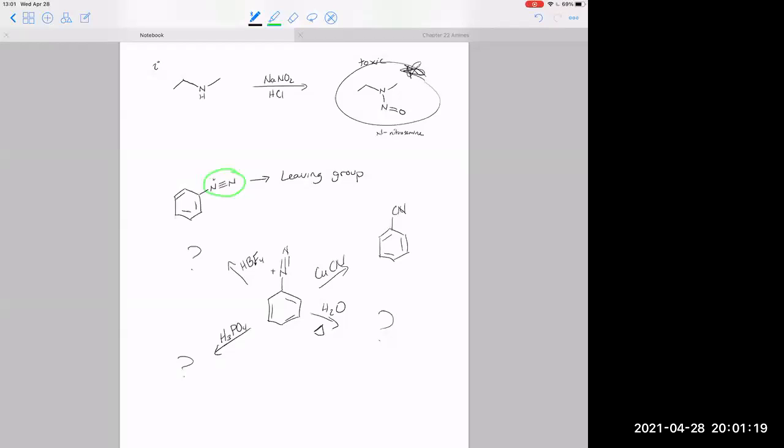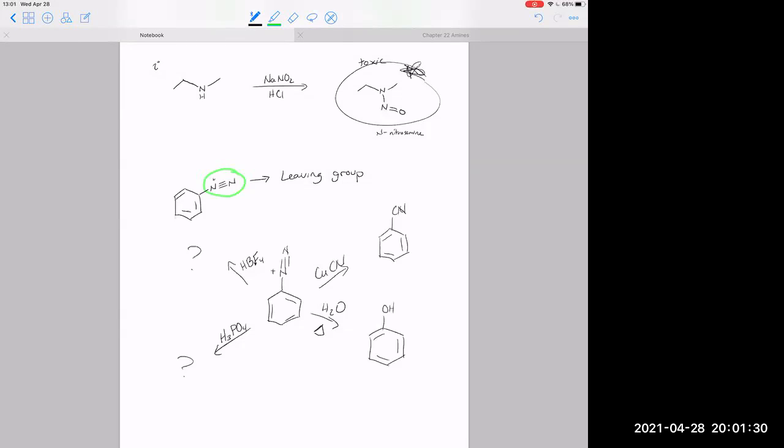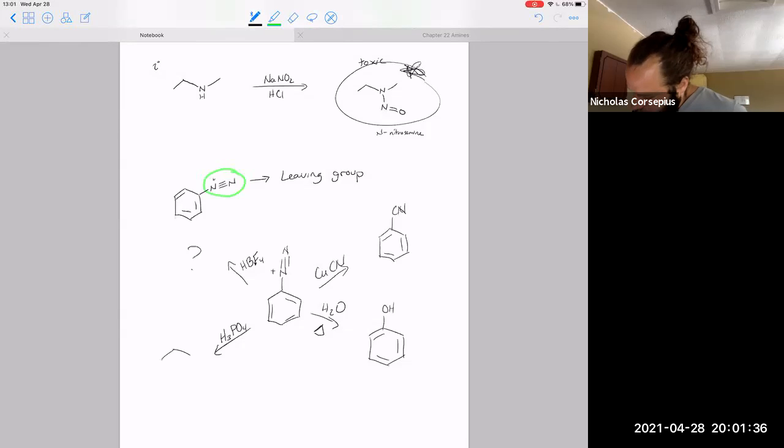For the water and heat, it adds on an OH group, correct? Yep. And for the H3PO4, it adds on a hydrogen. Yep. So this is a way to sort of kick off that group altogether.